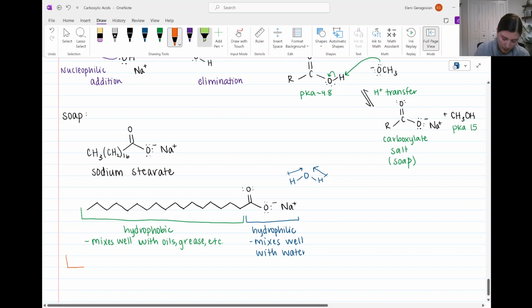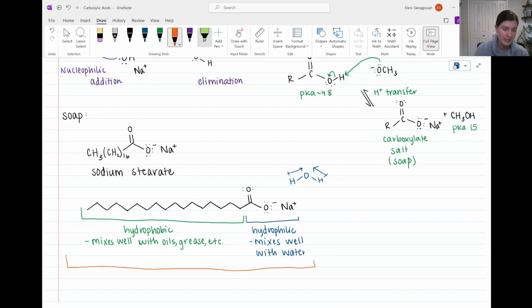And so in total, this entire molecule having both sections, a hydrophilic section and a hydrophobic section, allows hydrophobic materials like oils and grease to interact with the hydrophobic part of the molecule, but then we also have this hydrophilic part that can mix well with water.